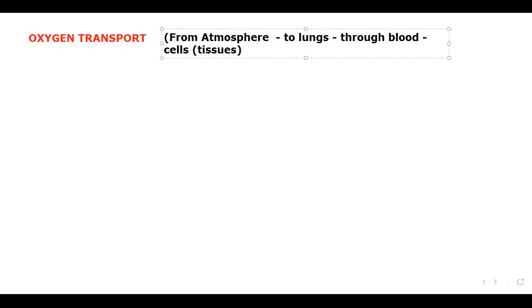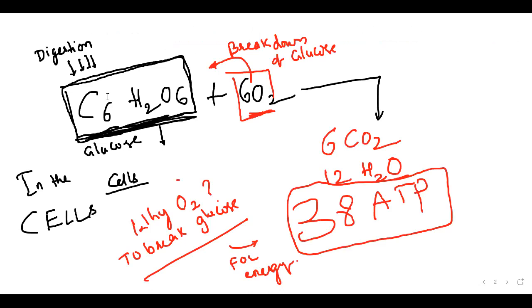So who actually requires oxygen? An individual cell requires oxygen. What that cell will do with that oxygen, we said now: after digestion, we got glucose. To break the glucose, what is required? Oxygen.